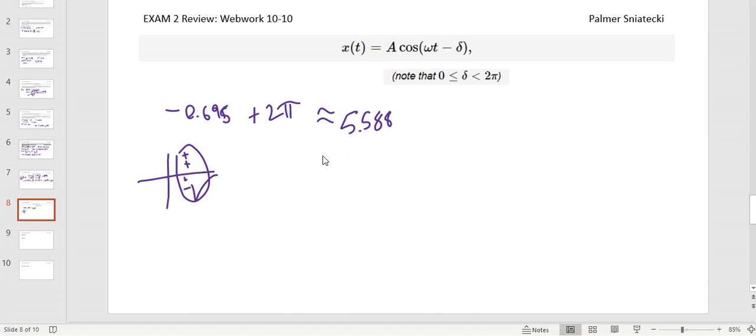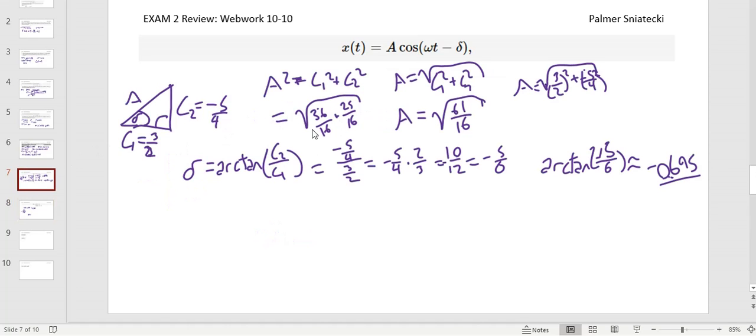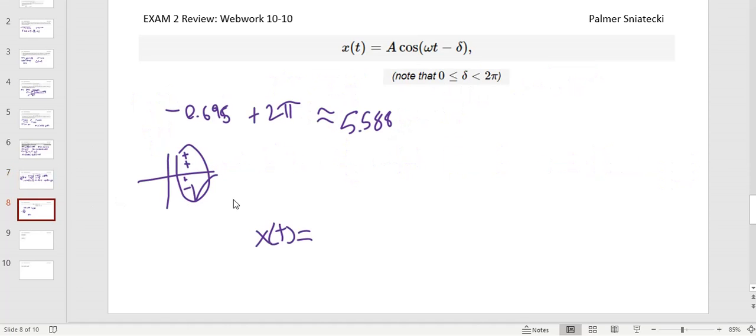5.588. So that means our final answer here in this form is that x of t is going to be equal to our amplitude, square root of 61 over 16, times cosine.